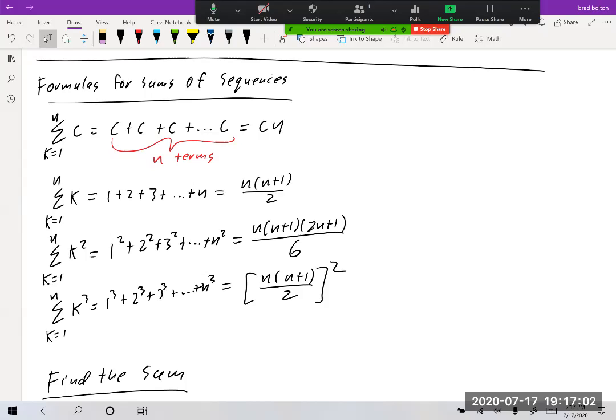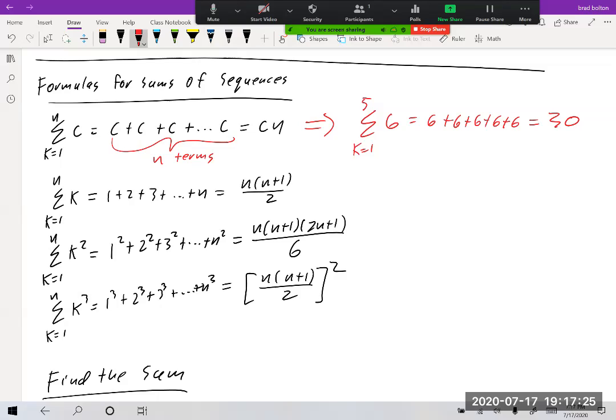So what they're saying is, if you have the sum of a constant, let's say I just had the sum of k equals 1 to 5 of 6. Well, this would be 6 plus 6 plus 6 plus 6 plus 6, 5 times, right?